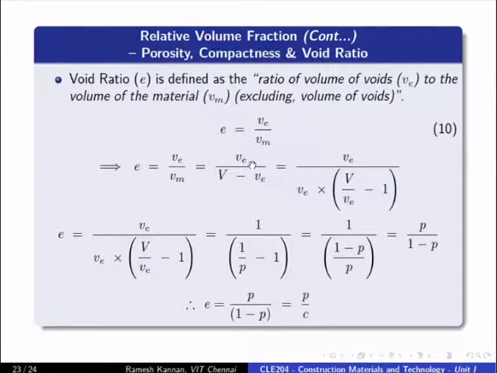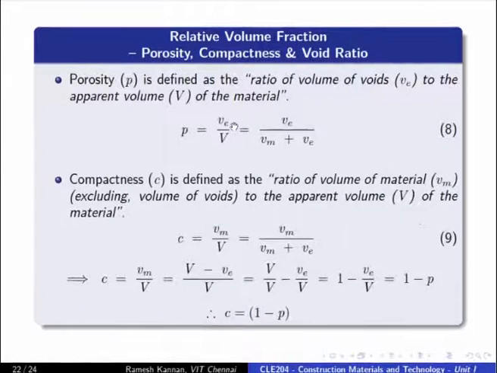So we have this formulation, and we take Ve outside. This becomes V minus Ve. When you take Ve outside, this gets divided by Ve, and Ve divided by Ve is equal to 1. So Ve is outside, and this cancels and becomes 1. We also know that the volume of voids divided by the apparent volume is porosity.